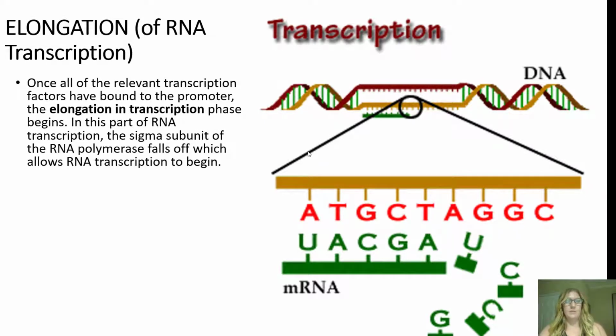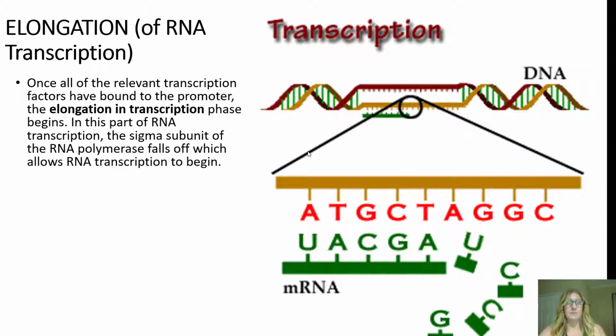All right. So once all of the relevant transcription factors have bound to the promoter, elongation can begin. In this part of transcription, the sigma subunit of the RNA polymerase is now going to fall off.